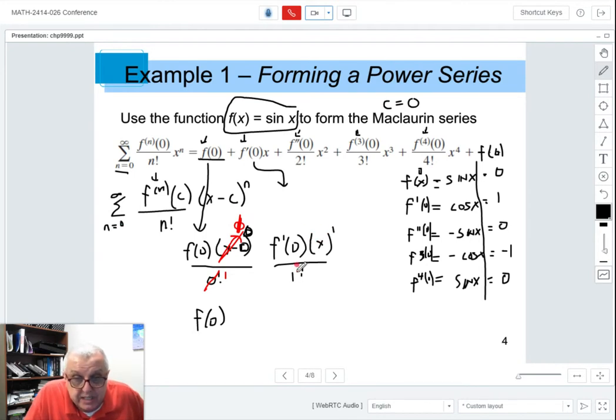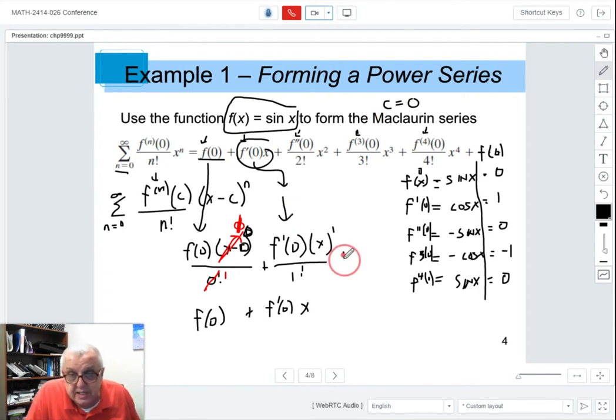X to the 1 power is x, and 1 factorial is still 1. So this becomes the first derivative, plugging 0 in, times x over 1. And that's how we get this.